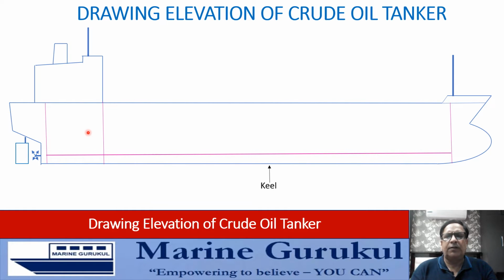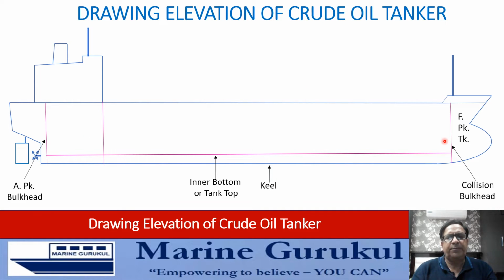We have the keel of the ship, inner bottom or the tank top. Then we have the collision bulkhead. We have the fore peak tank. We have the aft peak bulkhead. We have the aft peak tank. And above that, we have the steering flat. Then we have the double bottom tanks between the two bottoms.